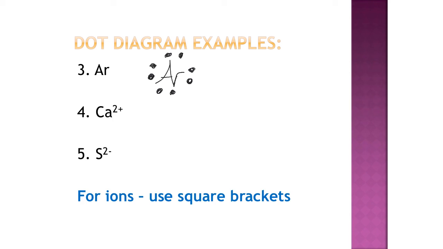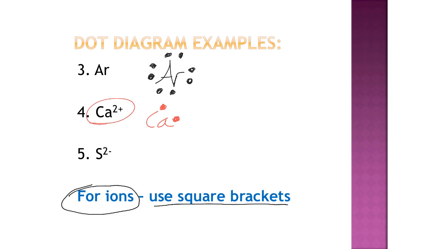Okay, last 2 examples are ions. So for ions, what we have to do is think about how many valence electrons it starts with, think about if it's gaining or losing, and then additionally, we have to use square brackets. So for example, the calcium atom, so not with a charge, has 2 valence electrons, so it would have 2 dots.